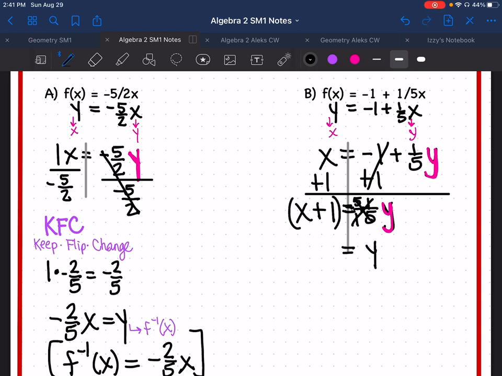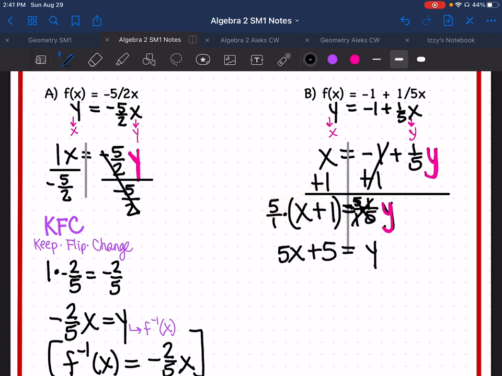I'm going to do that over here as well. Multiply by the reciprocal. Now notice the reciprocal is 5 over 1. 5 over 1 is the same as just 5. So what I'm going to do is take this 5 and distribute it inside. So I have 5x plus 5.